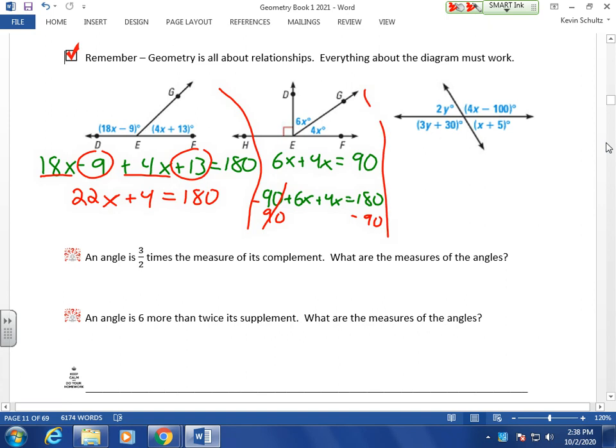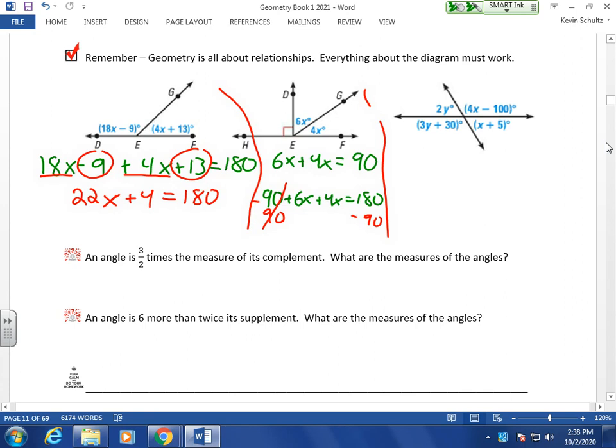What can we set up there? We've got two variables. Let's take a look at x.